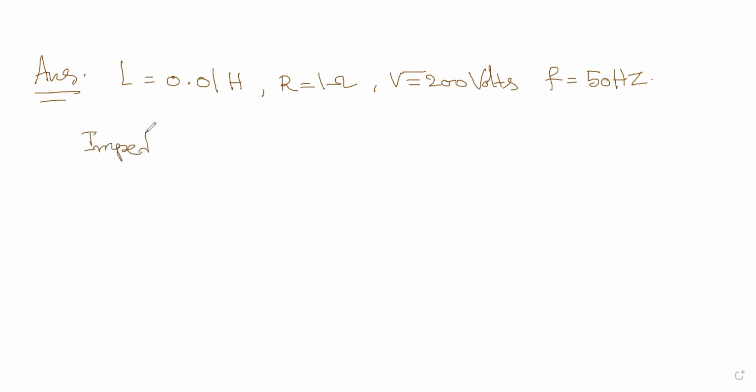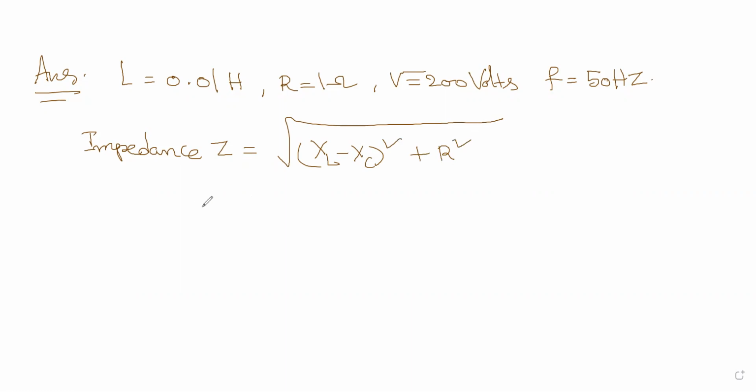Impedance Z is equal to square root of (XL minus XC) whole square plus R square. How to find XL?